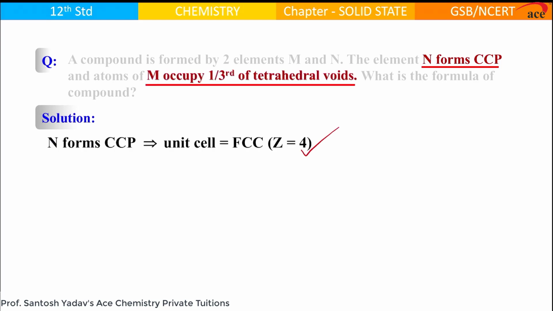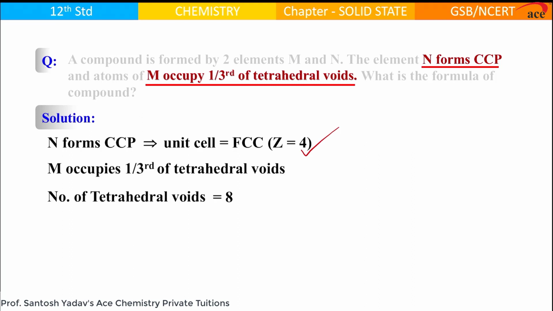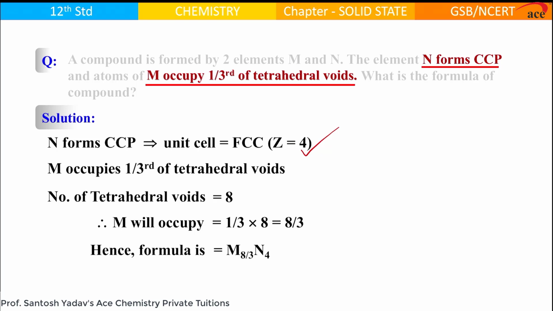Then M occupies 1/3 of tetrahedral voids. How many tetrahedral voids are there? 8. So how many M will be there? 1/3 of 8, that is 8 by 3. Hence the formula will be M 8 by 3, N 4.